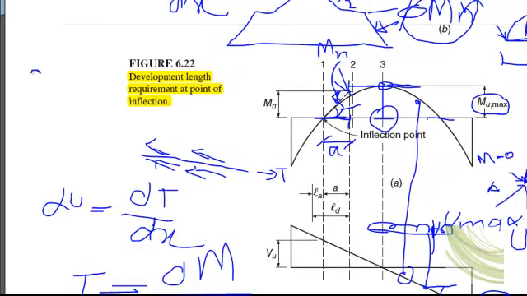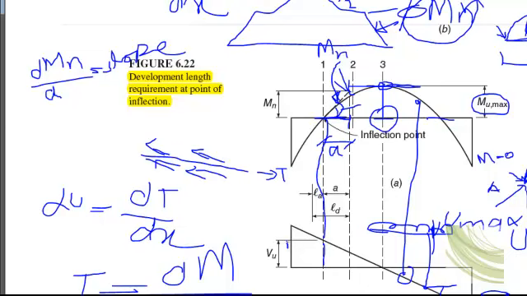The slope is basically equal to the change in moment with respect to a. Clear? With respect to this length, it is equal to the slope at this point. Okay, this slope. Now at this point, if you come down, you see that the shear is equal to Vu.